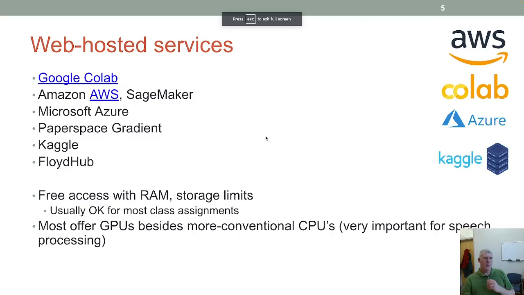Okay, web hosted services, like I mentioned, we'll look at Google Colab. I have a handful of what are called notebooks, Google Colab notebooks for you, but there are other web-based services, Amazon Web Services there, Microsoft Azure, and others there.